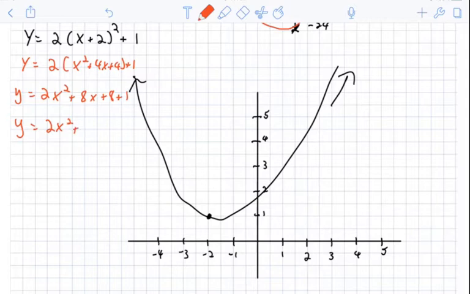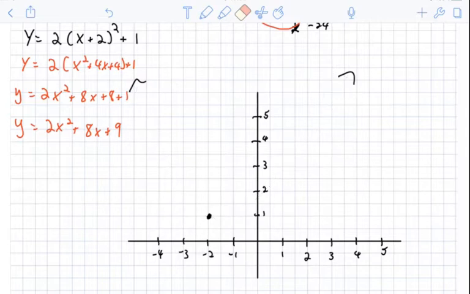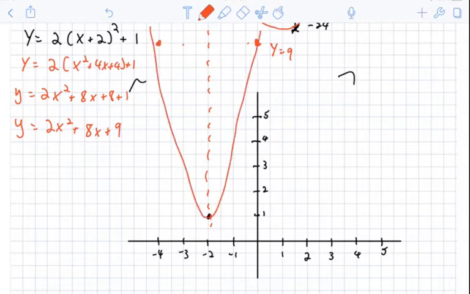I'll give you one to graph properly in a second. The idea here is that way up here at y is equal to 9, that's where it goes through the y-axis. And then, because you know where the axis of symmetry is, you know that it has a mirror point over here, and you can use these to help you draw your parabola. Okay?